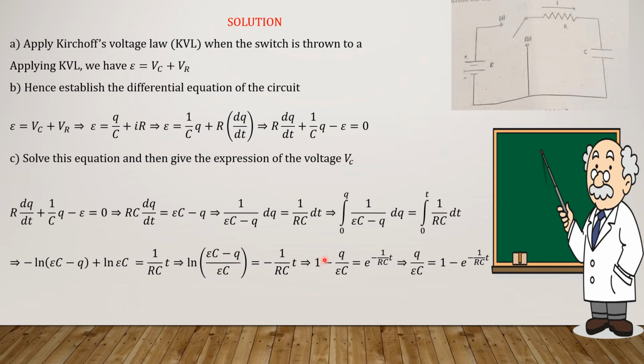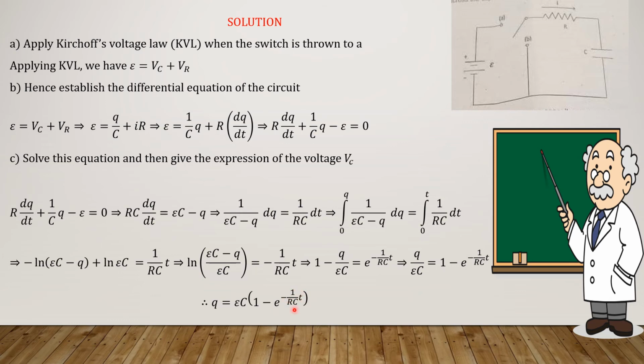So we have 1 minus Q divided by EC equals e to the negative t over RC. So we have this here. Now we take Q this way and take this term the other way. So we have Q over EC equals 1 minus this thing, and multiplying all through by EC, we now get Q equals EC times 1 minus e to the negative t over RC.